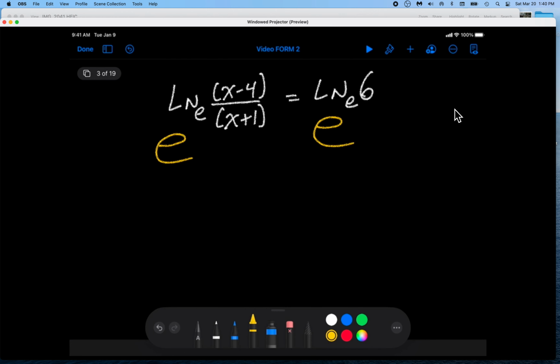That's called exponentiation. And that allows us to cancel these two. Whenever you have an exponent with a base e and you have natural log to the base e, those can be canceled. It's very similar to having this situation.